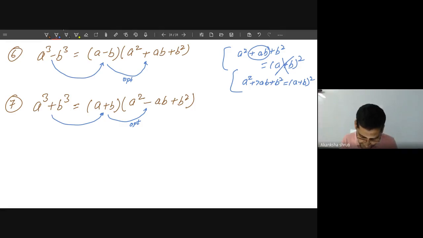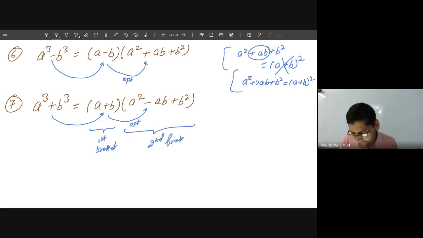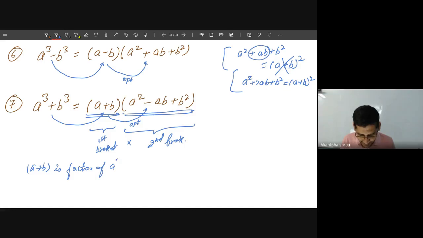Now, what is this? This is the product of two brackets. This is the first bracket and this is the second bracket. So it is the product of two brackets. What are we observing? a plus b is a factor of a cube plus b cube.